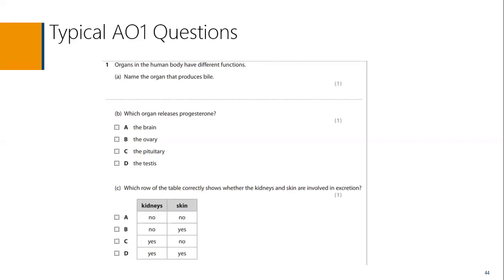It's just knowing the answer to these questions. These examples are multiple choice, but they won't all be multiple choice questions. Some of the AO1 questions are multiple choice, and some multiple choice questions can be AO2 or AO3 as well. It's not restricted.